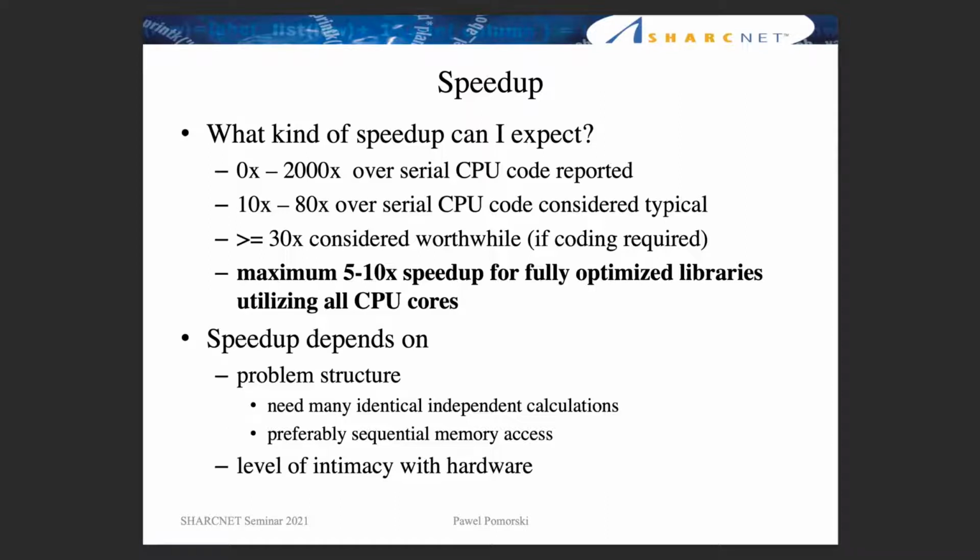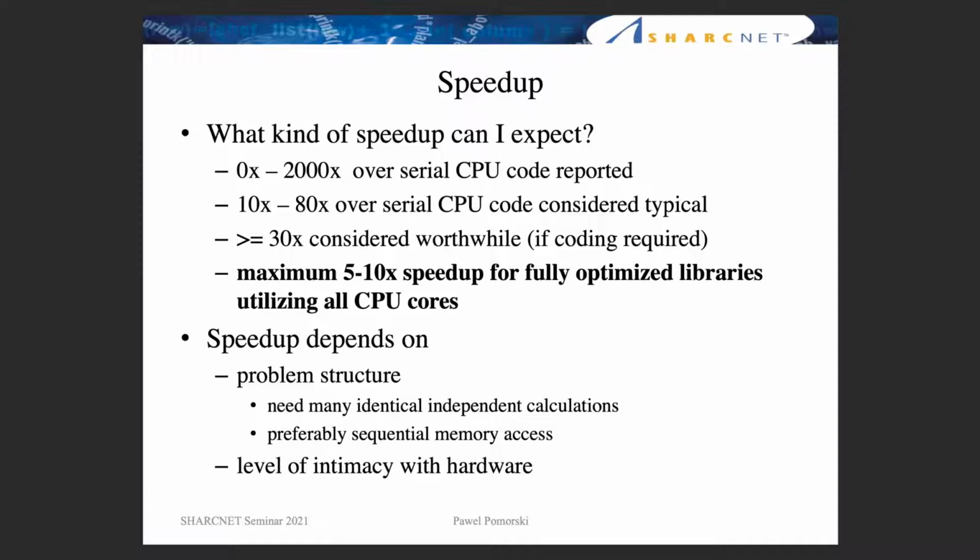However, if we take a code which is already parallelized on the CPU, so it uses multiple cores, then in this case, at best, we can expect a 5 to 10-fold speed up. So that is if you compare a multi-core computer using all the cores versus a GPU. Now, these are very, very approximate numbers because every computer setup is different.